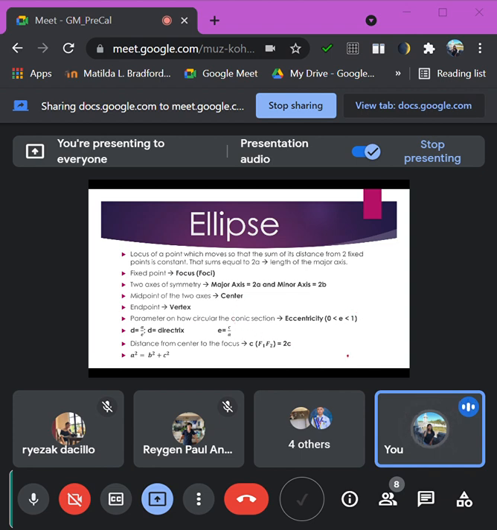So we have here, the next one is the distance from center to the focus. So how are we going to have this one? Dira na nato magamit ang ato ang foci. So we have there the f sub 1 and the f sub 2.